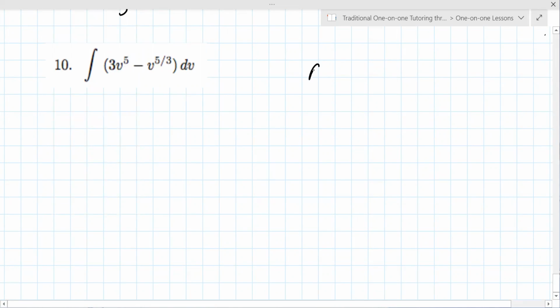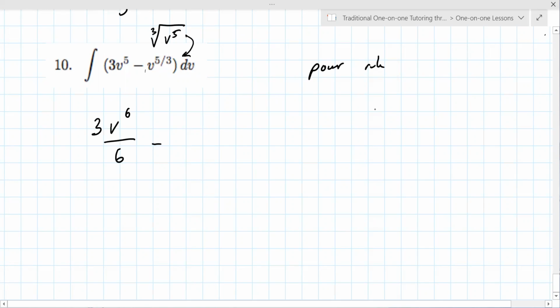Okay, so these are just power rules. So we're going to add one. Actually, there is no rewrite needed this time. This first one could have been written like that and then rewritten into that form. You really want it to be a number, a variable to an exponent. So you're adding one, dividing by the new exponent.